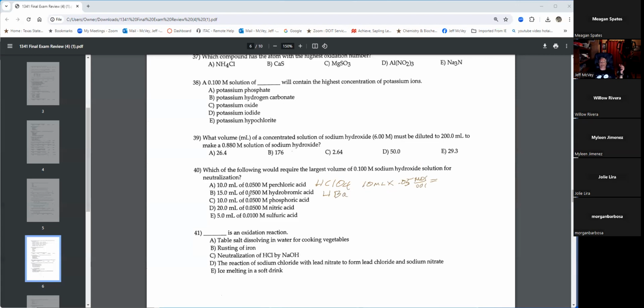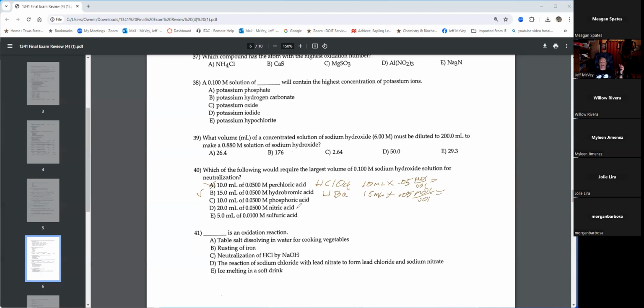You've got 15 mils times 0.05. Well, we don't even need to do the first one because right now I have a larger volume and the same concentration. So this one wins over this one, but that's probably not going to be the answer. But let's take a look.